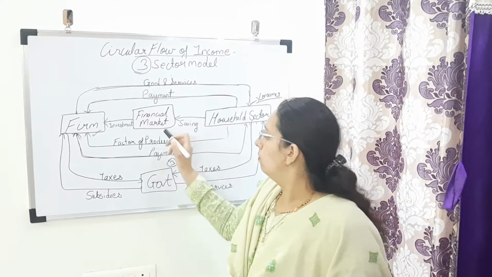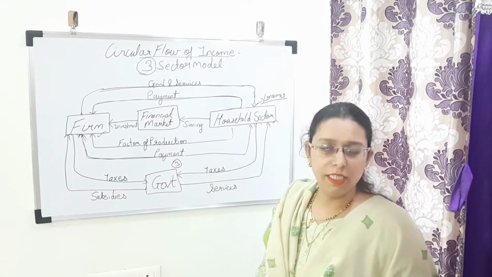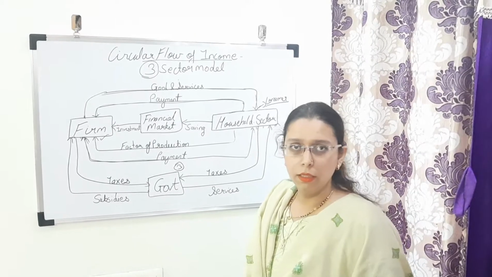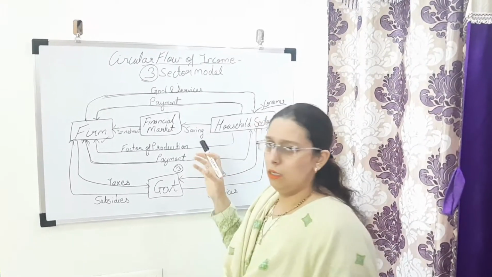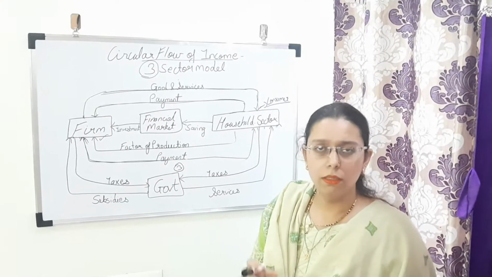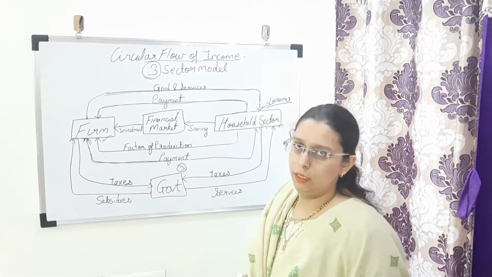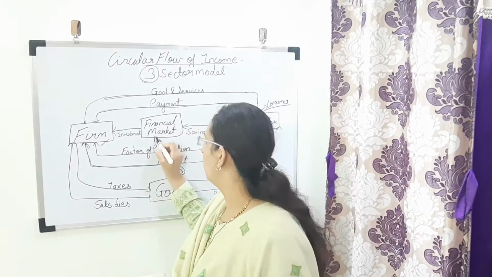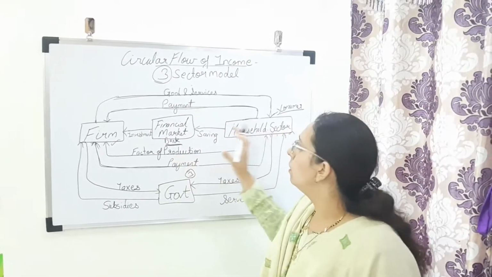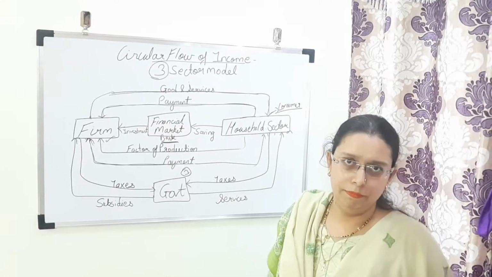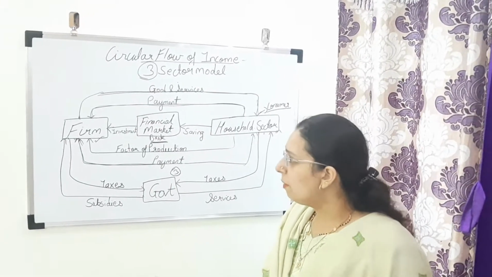in the financial market. It can be a bank, it can be shares, debentures, but he always keep some saving in financial market. Also called as, you can put it as a bank, where the consumer save some amount of money. What bank do?